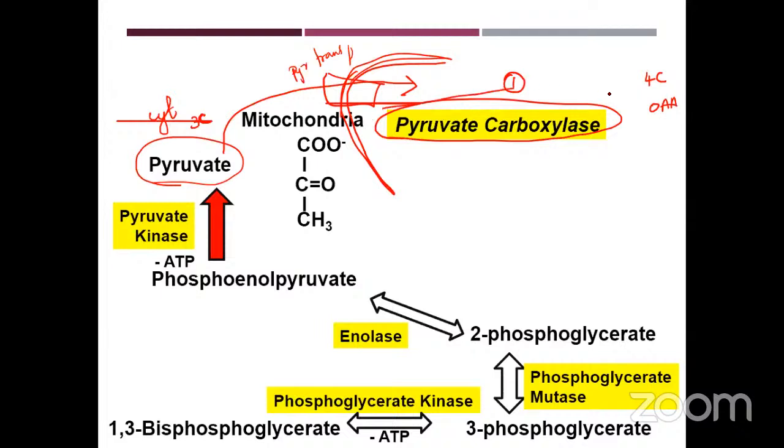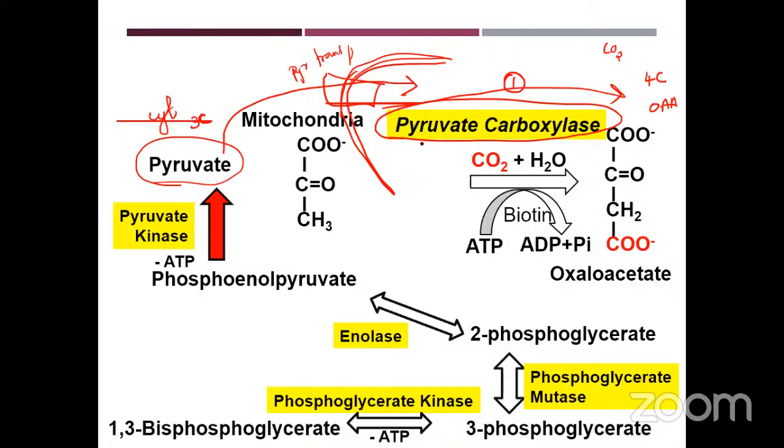For that, we need a carboxylation reaction, which means carbon dioxide is added. Most carboxylation reactions require which vitamin as a coenzyme? Biotin. Very good. So this is a biotin-dependent carboxylation reaction. Carbon dioxide is added to pyruvate within the mitochondria with the help of pyruvate carboxylase, and it requires 1 ATP to form the 4-carbon product, oxaloacetate.